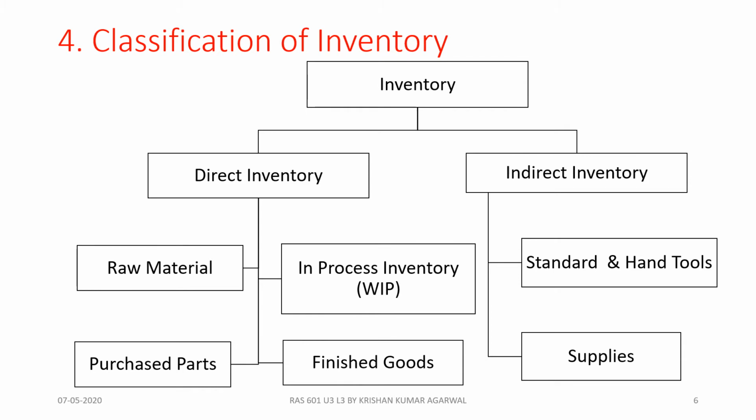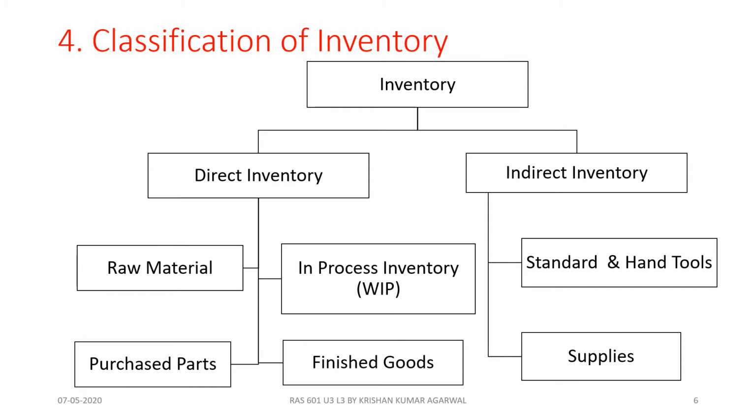Another direct inventory includes the purchased parts also, the parts which are taken from the vendor. They also come under the category of purchased part and raw inventory. Just because they have to be assembled in a particular machine or a particular mechanism, it is not taken as the stock of material.